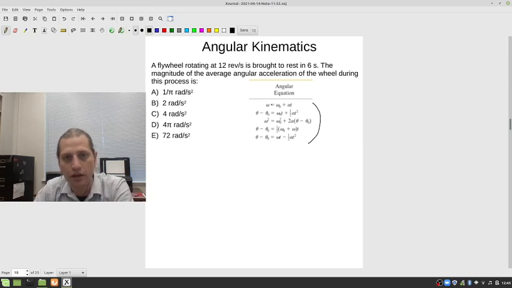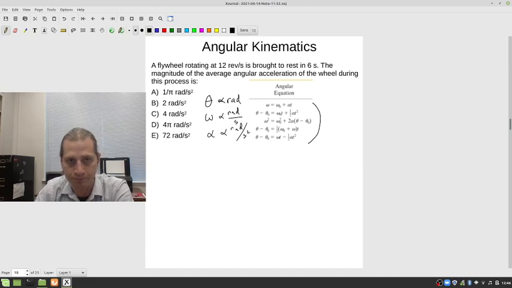Is that going to be omega, theta, or alpha? Well, remember, theta is radians, omega is radians per second, and alpha is radians per second squared. So this is displacement, velocity, acceleration.